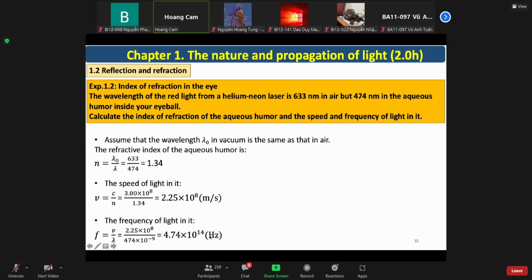The wavelength and the frequency are inversely proportional. So pay attention to that as well. That's why we get F equals V divided by lambda. We replace all the values, and then we get 4.74 times 10 to the power 14 Hertz.